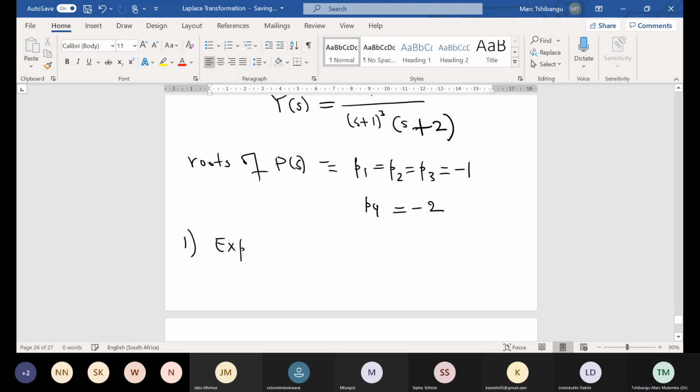So first step, expansion into partial fraction.